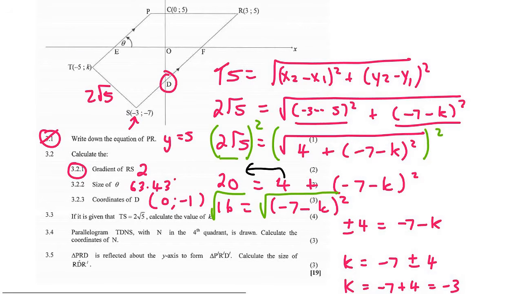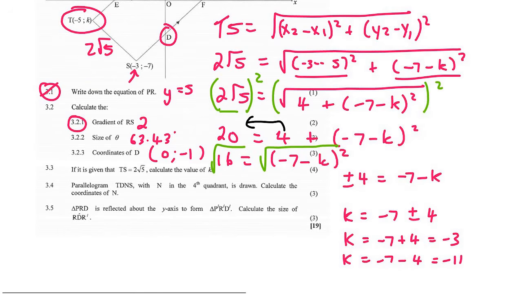Now, if we look at the location of this point, k is a y value, and it has to be negative. But it also can't be beneath point S. We can see from the diagram. So this means that k is going to have to be negative 3.